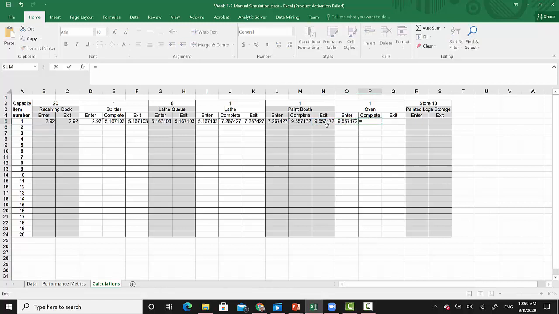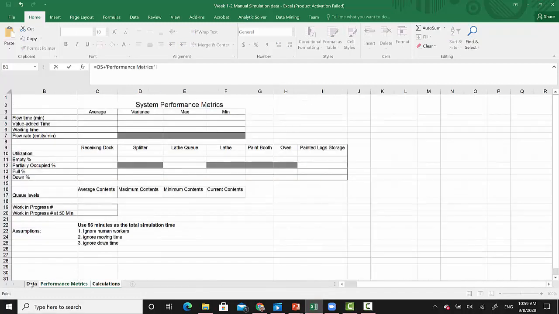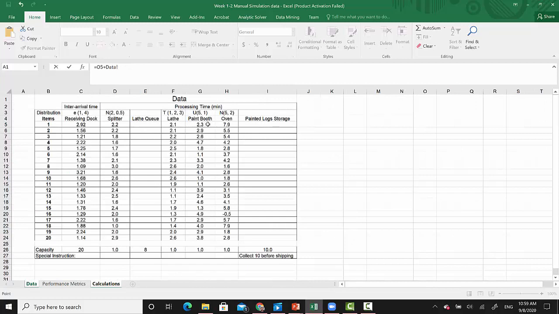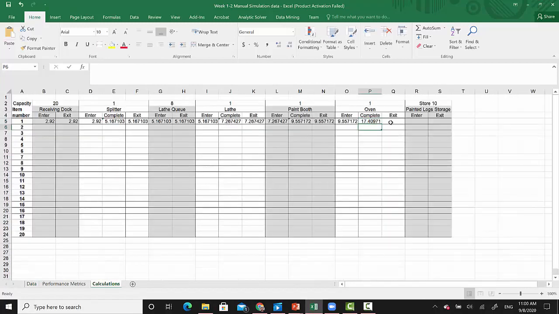Complete time equals the enter time plus the processing time on the oven, the first one. Okay, and then its exit time equals the complete time here, and it will enter into the paint log storage.